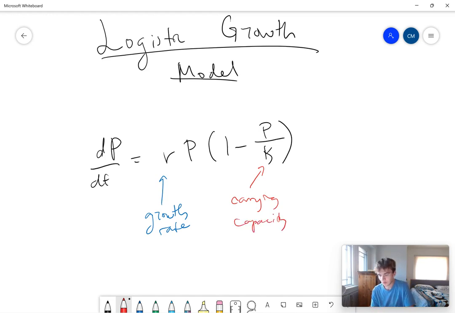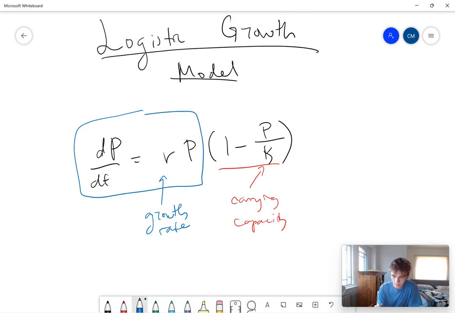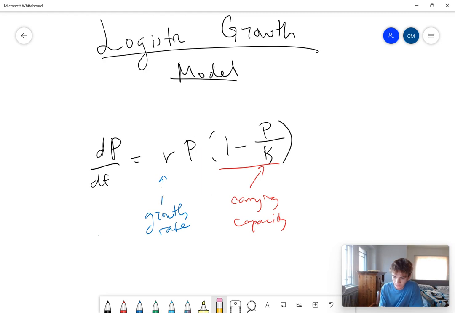All right, so when the population is very small, this term is negligible. It's just really close to 1. Okay, so we would just in this instance get something that behaved similarly to just the exponential growth law. Okay, but on the other hand, this is for small p. And then if we let the population grow and say it approaches the carrying capacity, we're going to have something much different.